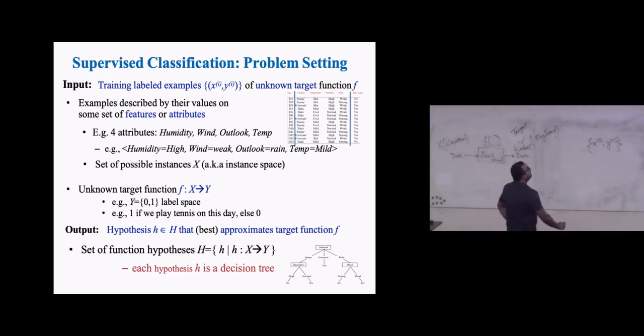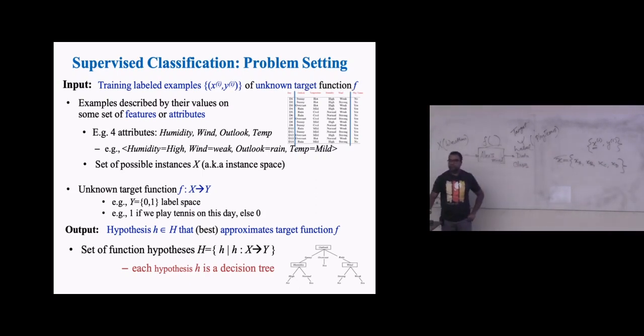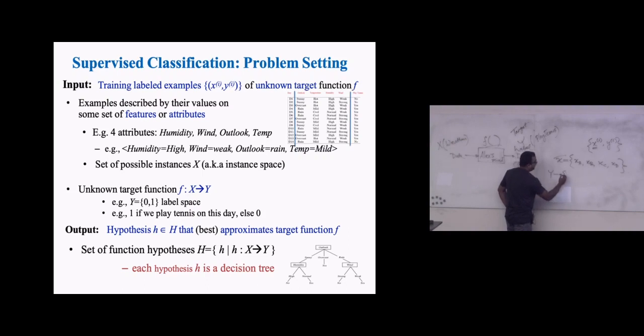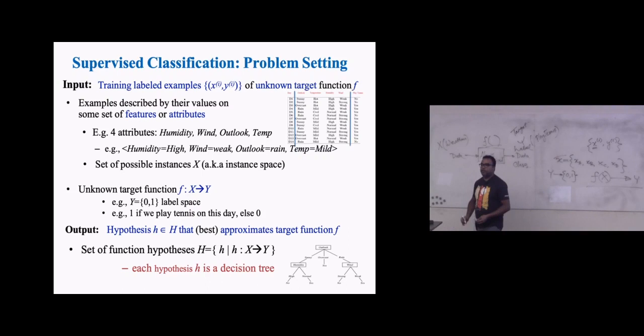Each x is a combination of features, in our case let's say 4 features, XA, XB, XC, and XD. And we have a target variable, Y, which is either 0 or 1, either play or not play. All we are trying to do is to figure out the function that transforms X into Y. That's our problem.